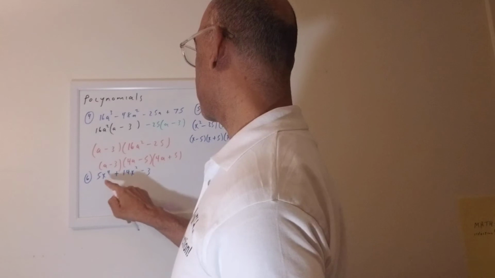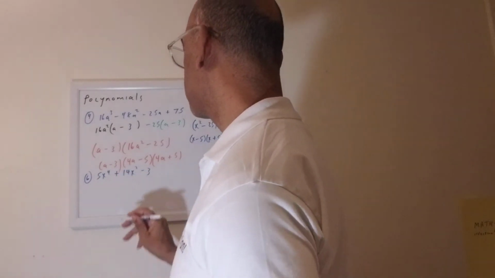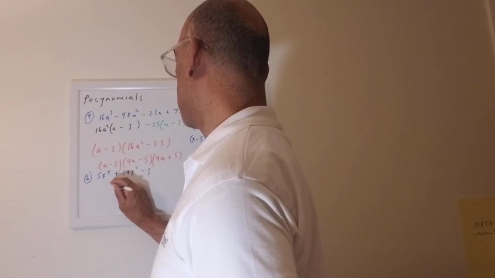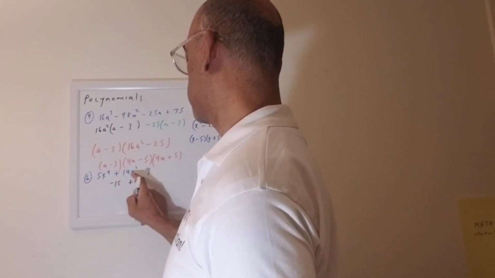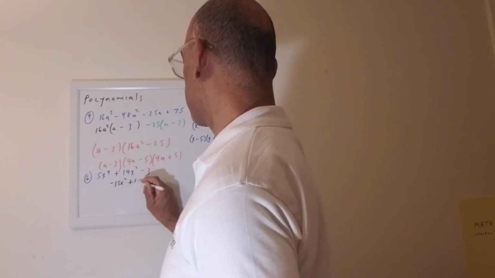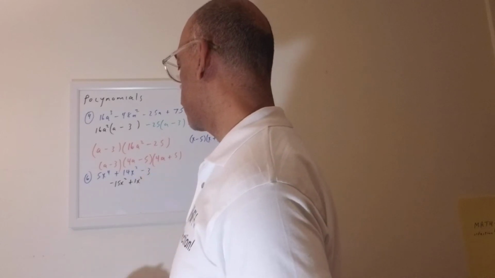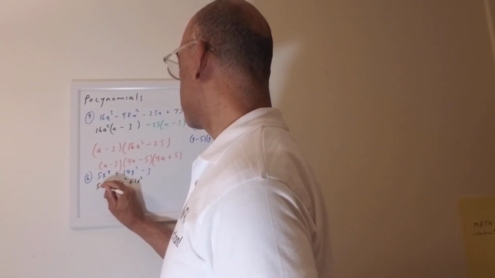So what multiplies to negative 15 and adds to positive 14? It's going to be a negative 15 and a positive 1. So we break up this middle term into negative 15x squared plus 1x squared, bringing the front and the last terms down.